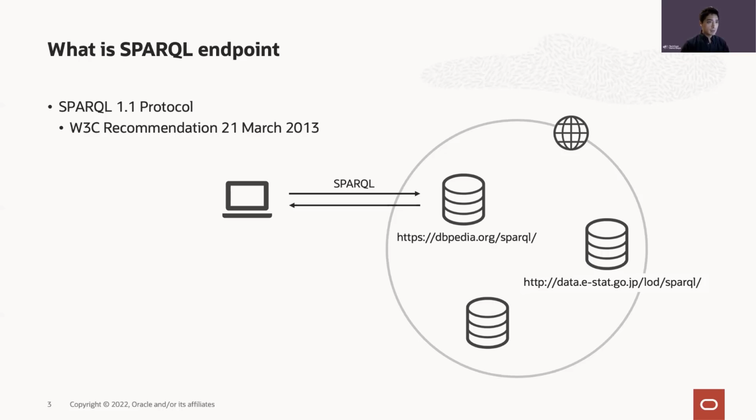And media companies such as BBC are also publishing data on the internet. And other governmental organizations such as national libraries are trying to create more and more public information on the web. And they are trying to connect and link them to each other.